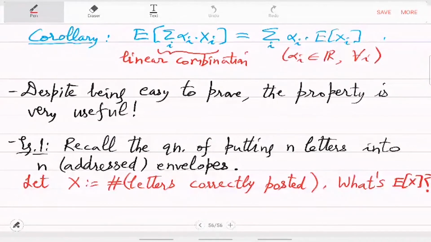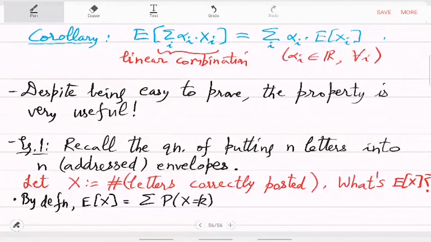Okay. So, the question, or the random variable we are interested in, is the number of letters which were correctly posted. So, what is expectation of this X? If you do it by the definition of expectation, it is the sum over k from 0 to n of probability that X takes value k times the value k.